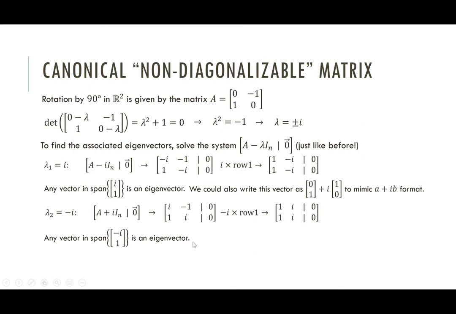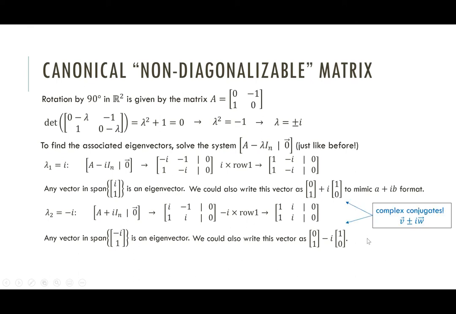And now let's also write this vector in the a plus ib format, but now with vectors. And as we see, we've got (0, 1) minus i (1, 0). And notice, hey, these eigenvectors are complex conjugates.